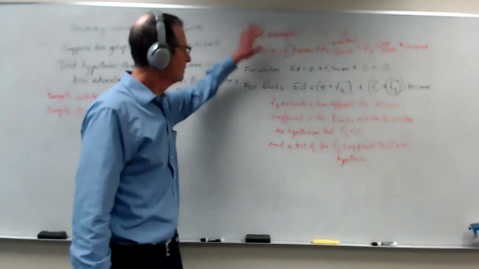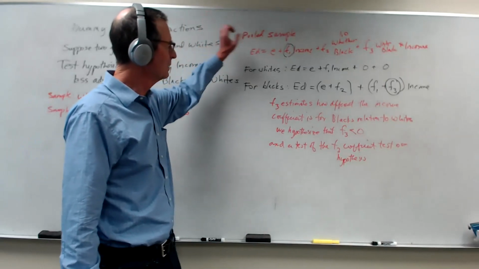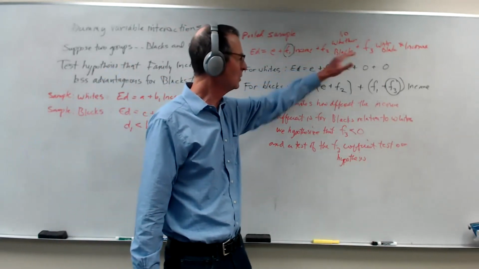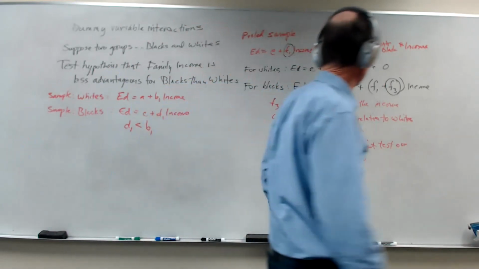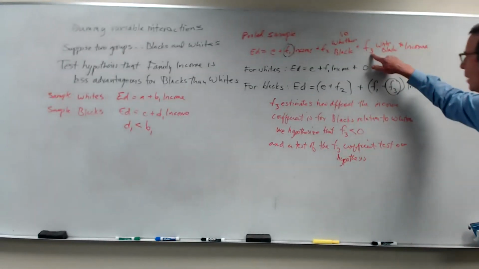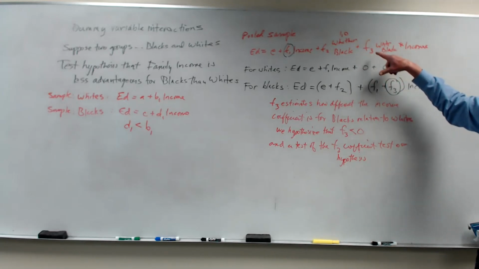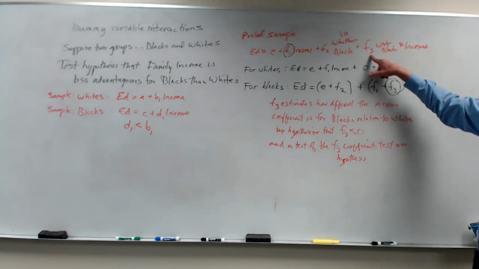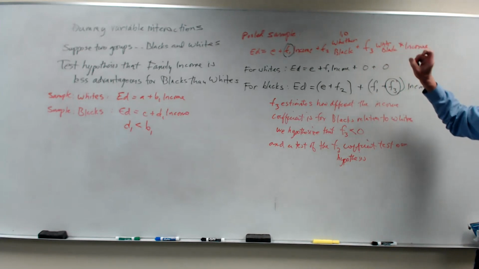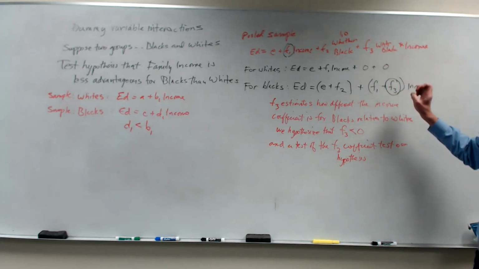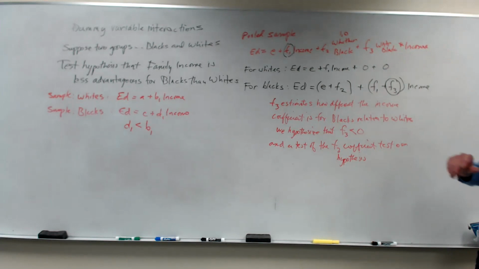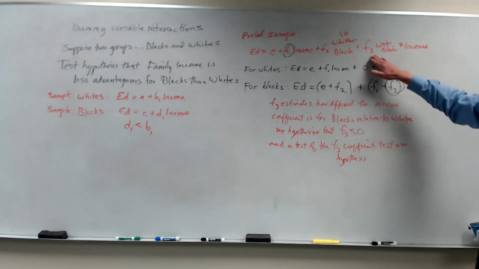All right, so we pool the sample together, we run this equation, and then we can look directly at the coefficient and the standard error on this coefficient to get a test. Well, first to see what the sign of this is, whether in fact the relationship, the association between income and completed schooling is indeed less for blacks than it is for whites.